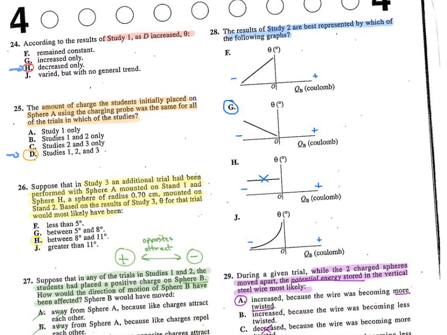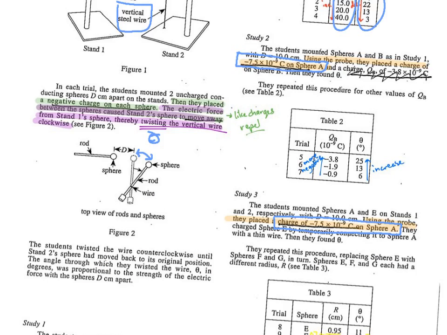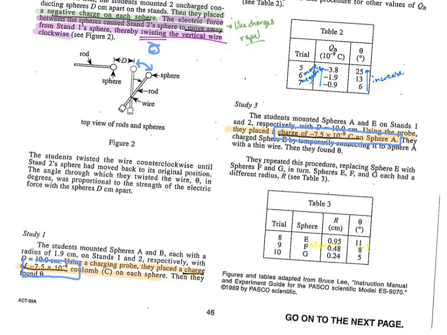26, suppose that in study 3 an additional trial had been performed with sphere A mounted on stand 1 and sphere H, a sphere with a radius of 0.7 centimeters, mounted on stand 2. So based on the results of study 3, theta for that trial would most likely be what? So for study 3, we want to look if we had a sphere of 0.7 centimeters in radius. 0.7 will be somewhere between 0.95 and 0.48.